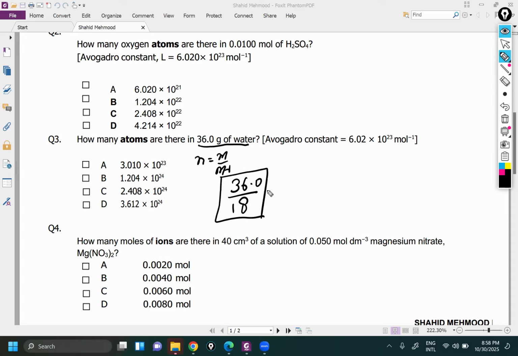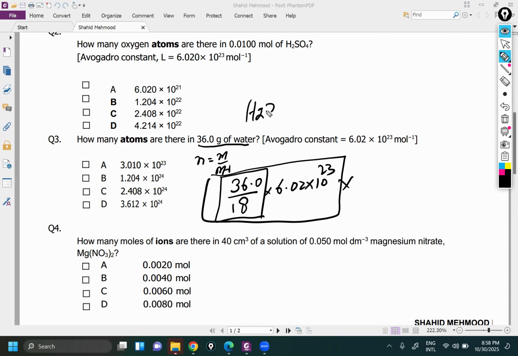We get the number of moles times Avogadro's constant, which is given to us, 6.02 times 10 raised to the power 23. We will reach molecules and then times. Now you know that in H2O, there are total 3 atoms, so times 3. And in this case, the answer will be 3.612 times 10 raised to the power 24 and the correct option is option D.